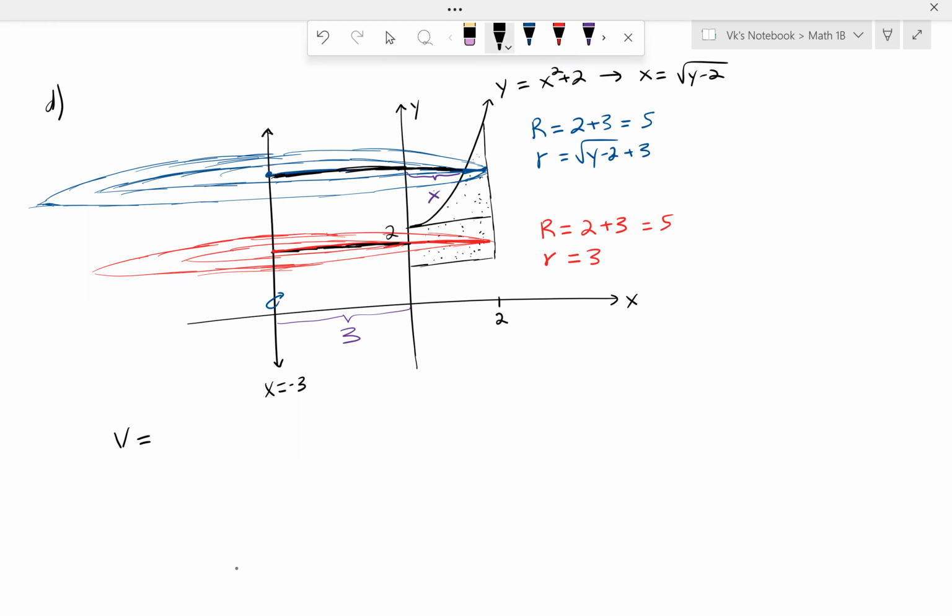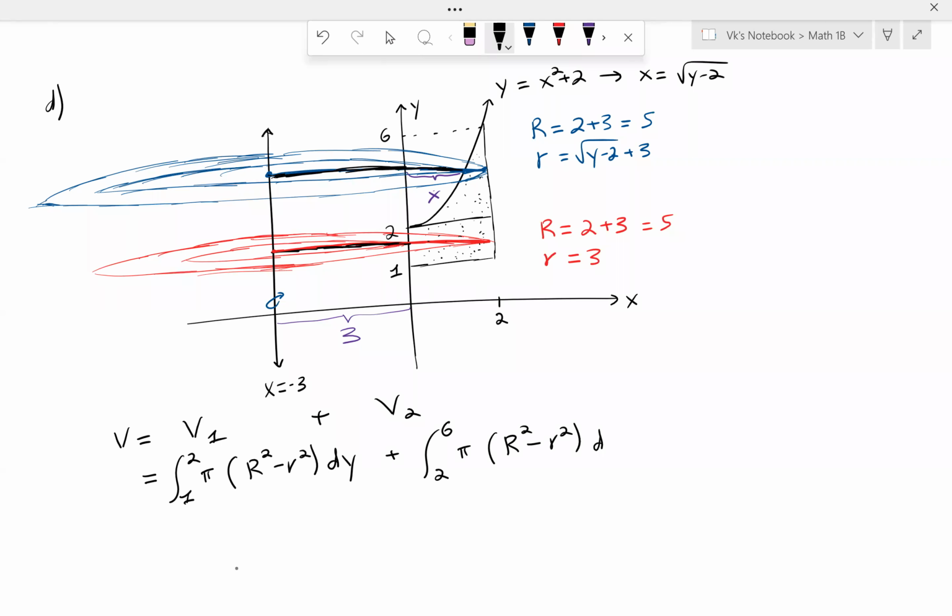Volume is volume 1 plus volume 2. So volume 1 is the integral from 1 to 2 of pi R squared minus r squared dy. Volume 2 is from 2 to this intersection right here, which is 6, of pi R squared minus r squared dy.